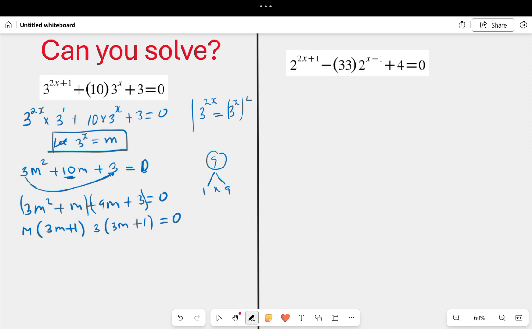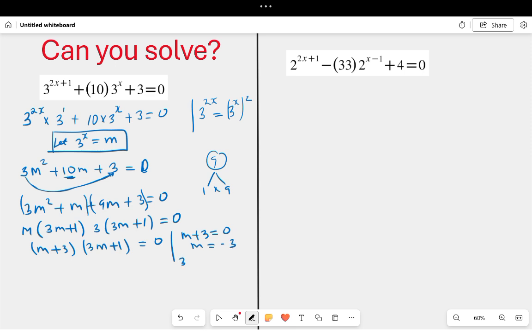Combining this, we have m plus 3 and 3m plus 1 equal to 0. Therefore, for the solutions, m plus 3 is equal to 0, and therefore m is equal to negative 3.